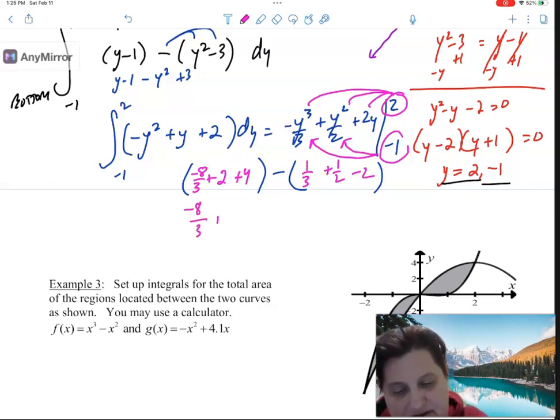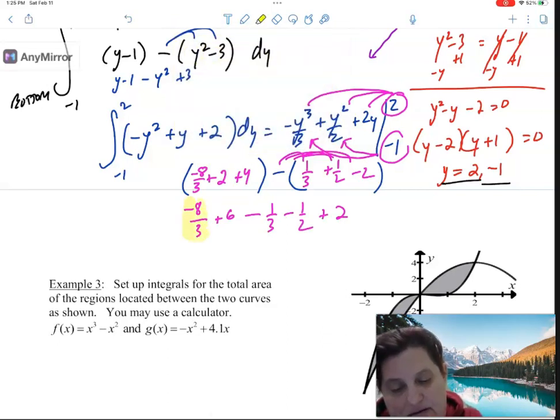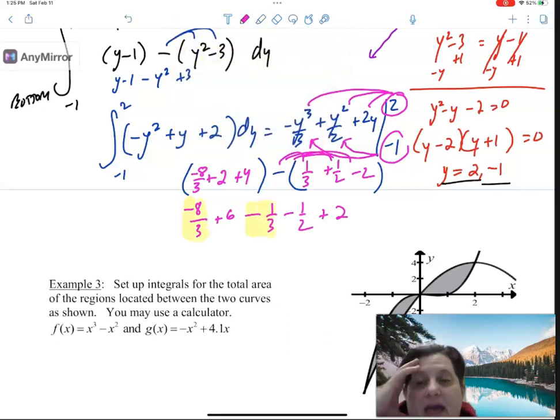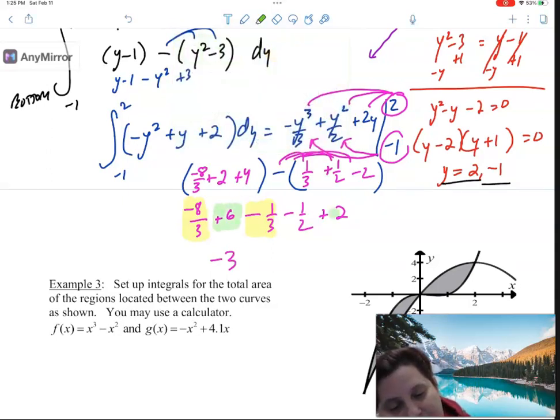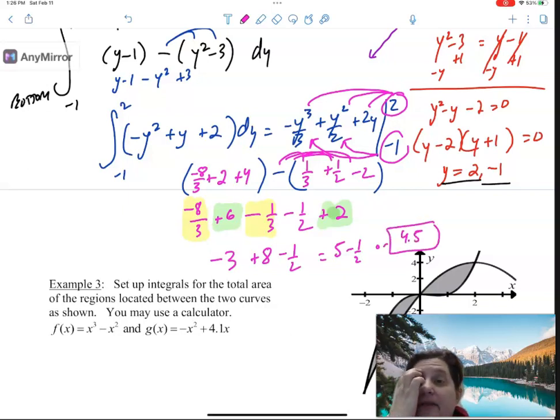I'll take negative 8/3 plus 6, minus, and I'll distribute the negative to everything: minus 1/3, minus 1/2, plus 2. Now I can add the thirds together: negative 1/3 and negative 8/3 is negative 9/3, which gives me negative 3. Then adding that together, plus 8 minus 1/2 gives me 5 minus 1/2, or 4.5. And that's my area under the curve.